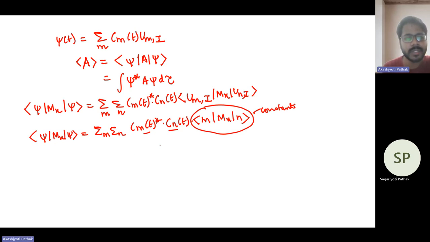Now, these products of the coefficients, Cm of t star, Cn of t, can be conveniently arranged in the form of a matrix, and it is useful to treat this matrix as made up of matrix elements of a time-dependent operator, P of t, operating on the basis set of functions. These coefficients result in the variation of the magnetization in the x direction.